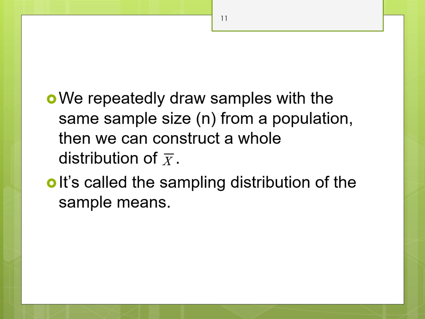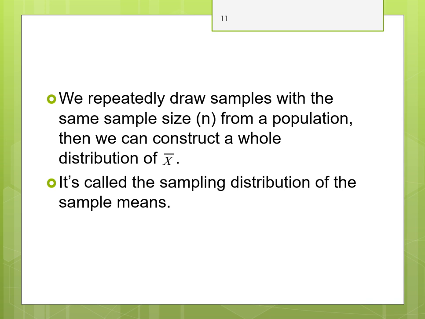We take all these X bars as new data, and we can use what we have learned in chapter 2 to know the distribution of this new data. So maybe it follows a normal distribution or a skewed distribution. So this is the sampling distribution.